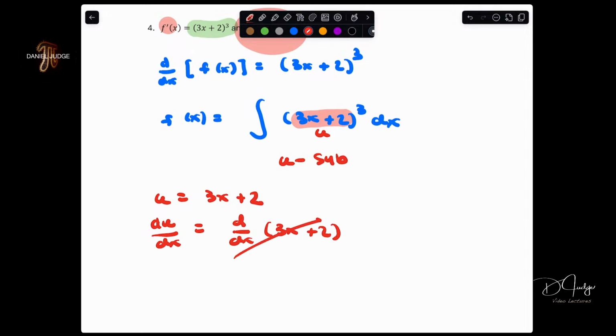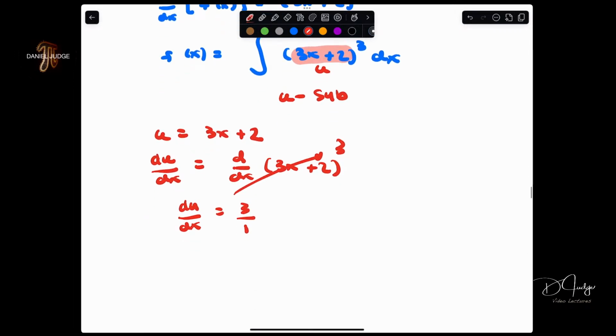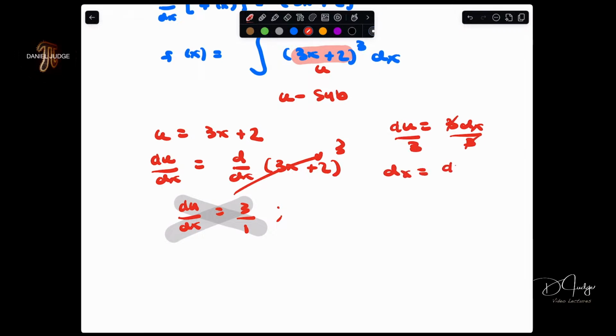And this derivative is actually 3. So du dx is 3 over 1. And we've got to solve for dx here. So we get du equals 3 dx, divide both sides by 3. And I get dx is du over 3.